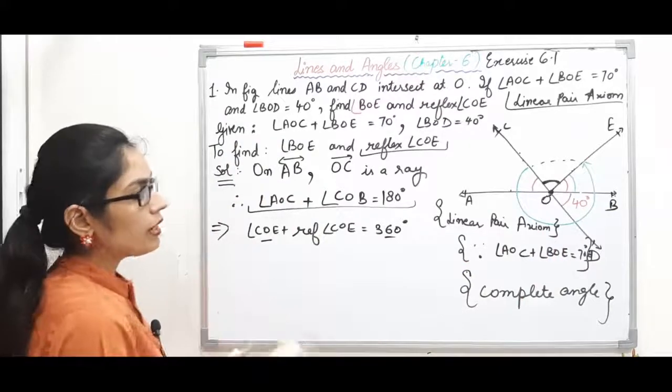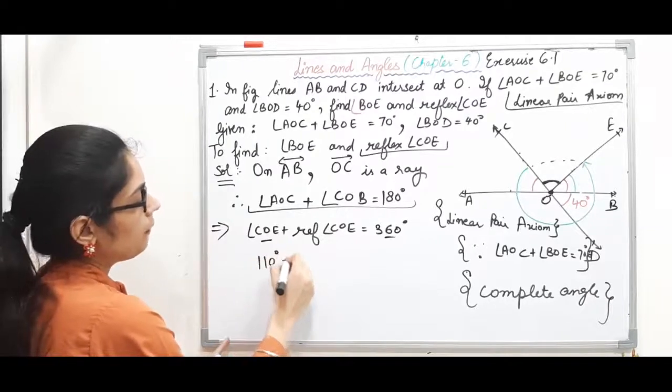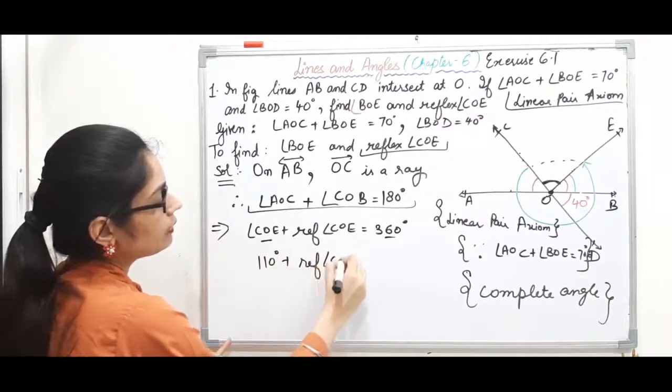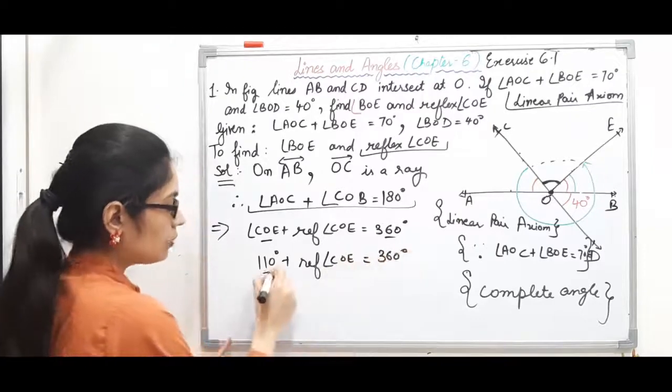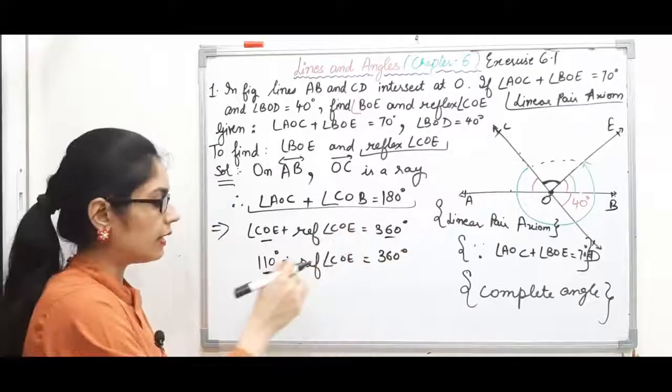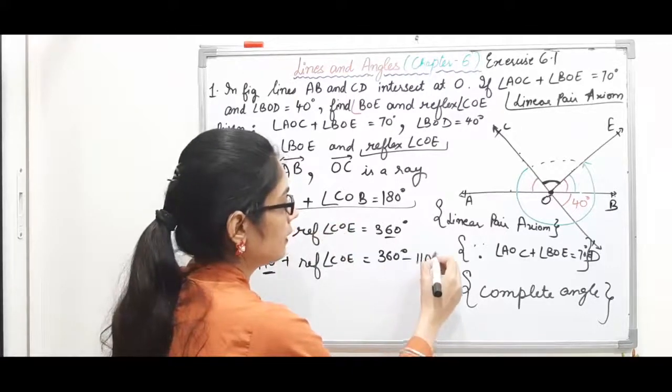So this value we have just now calculated. COE is equal to 110 plus reflex of angle COE, which we have to find, is equals to 360 degrees. So this 110 will shift to the other side. This is getting added on this side, on changing the side, it will get subtracted.